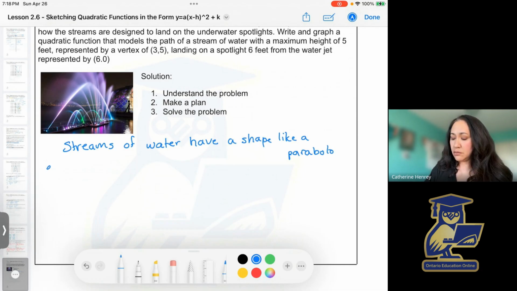Therefore, the shape has to fit some kind of quadratic function.